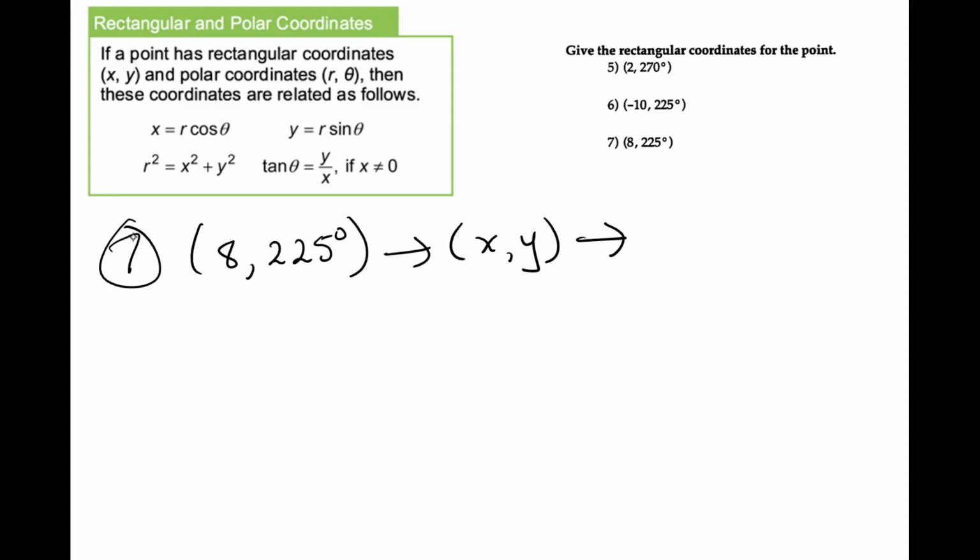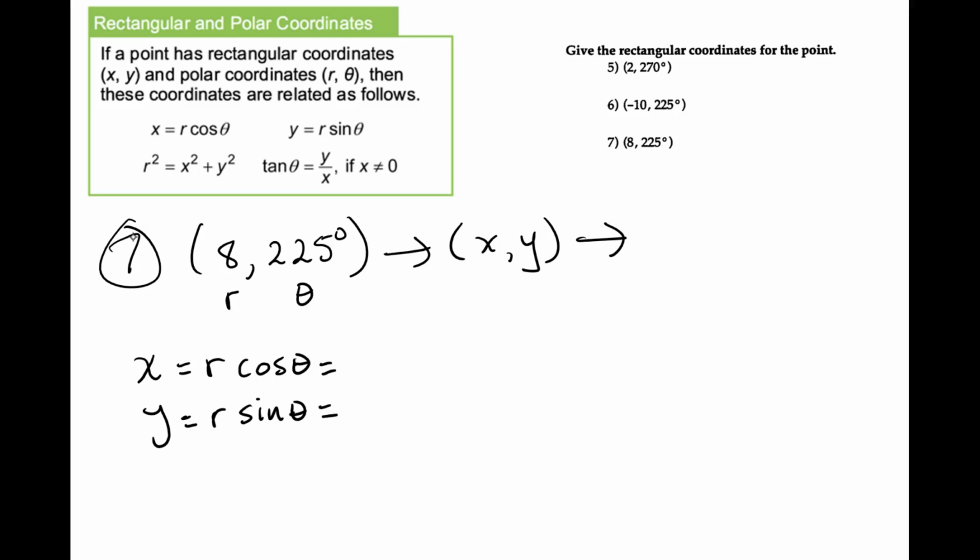Okay, so let me see here. What do we want to do? We're going to say this is r and this is theta. X will be, again, r cosine theta, y equal r sine theta.